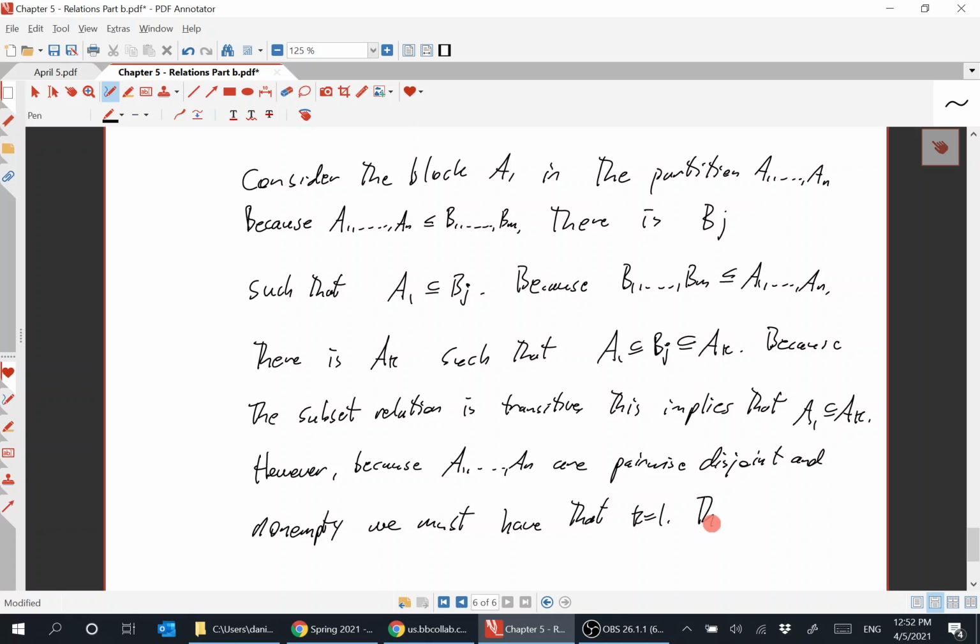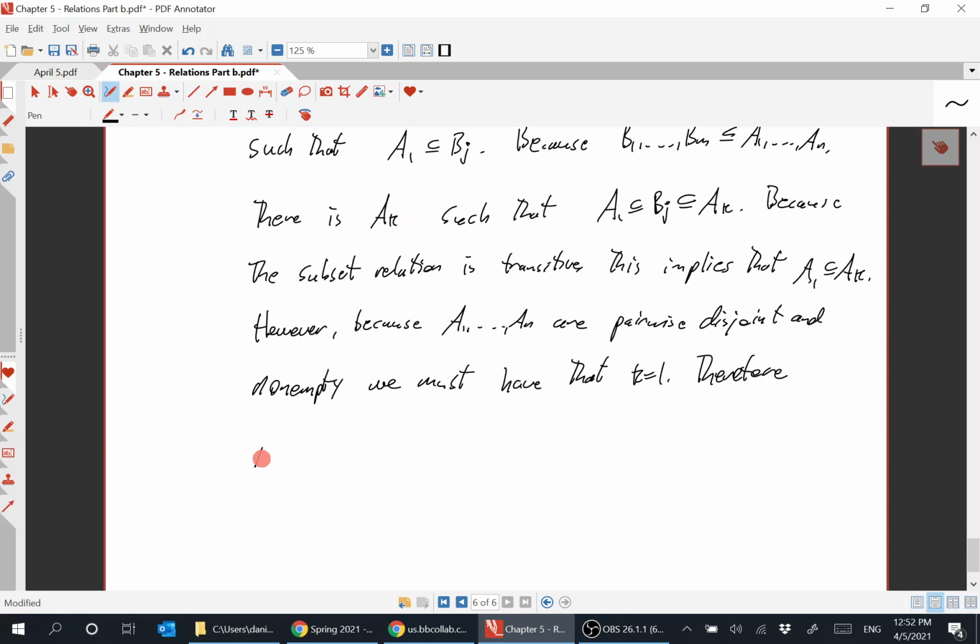Therefore, A_1 is a subset of B_j, which is a subset of A_1. So what? So B_j is a subset of A_1.